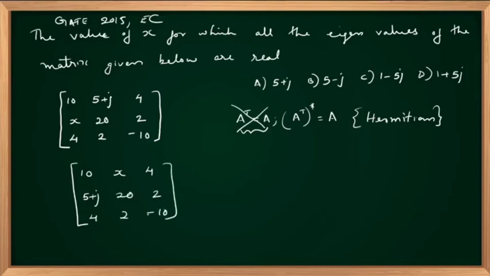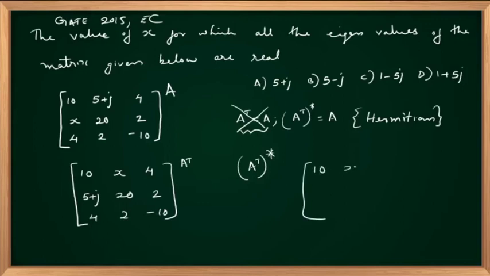This is A, and this is A transpose. We need to get the conjugate also. A transpose whole conjugate means I need to get the conjugate of each and every number. All of 10, 4, 2, 4, 2, minus 10 are real numbers, so even if you take the conjugate of real numbers, they remain the same.